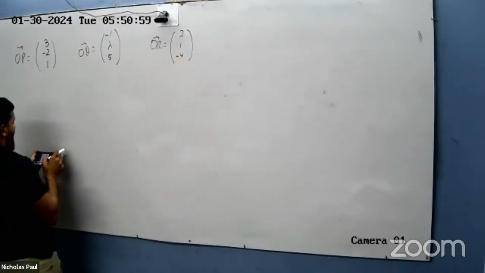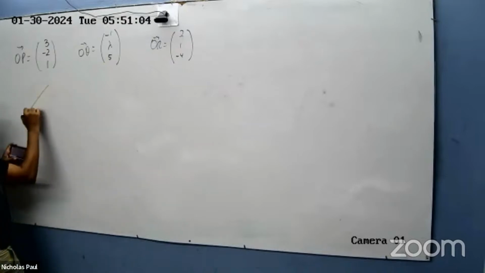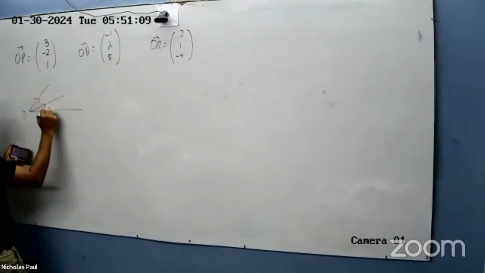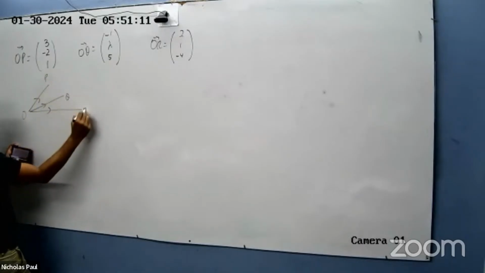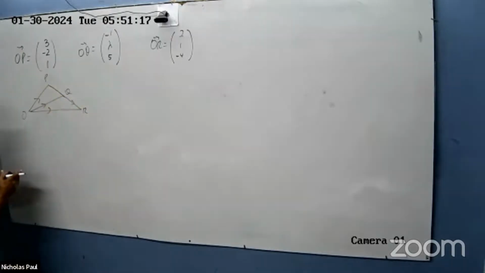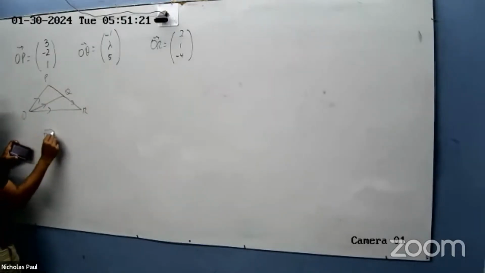They want us to find PQ. So if you want, you can set up a little diagram. It doesn't have to be perfect, right? Here's P, here's Q, here's R. Let's pretend that's R. It mightn't be accurate, but just to show you that PQ, P to Q, is P to O, O to Q.